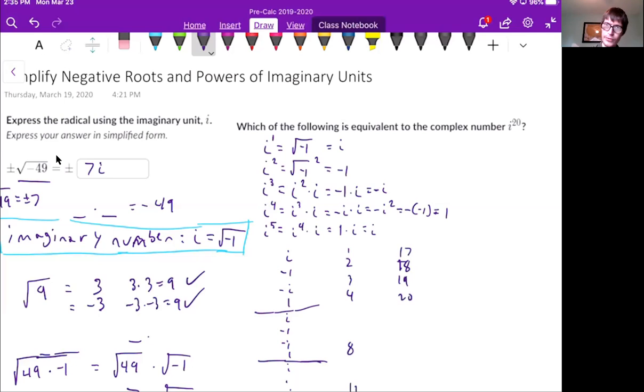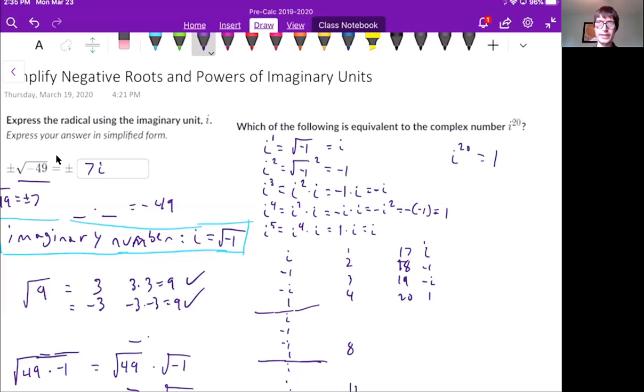At 17 we have i, at 18 we have -1, at 19 we have -i, and at 20 we have 1. So we keep that process all the way up to 20, and we get back to 1. So that means that i to the 20th power equals 1.